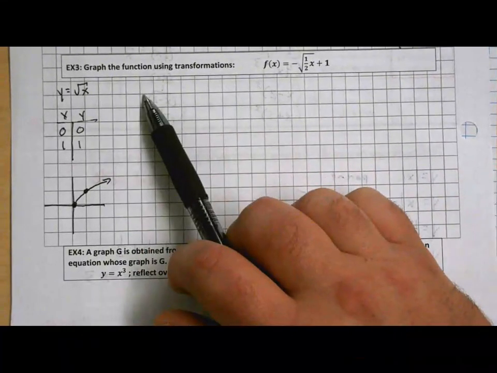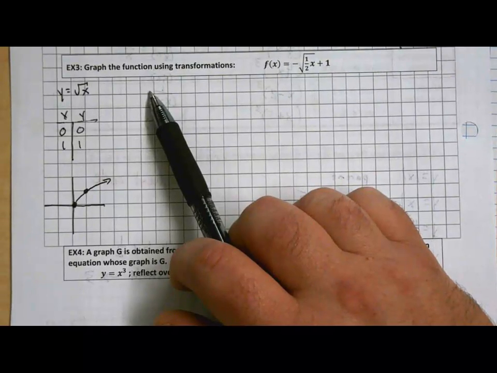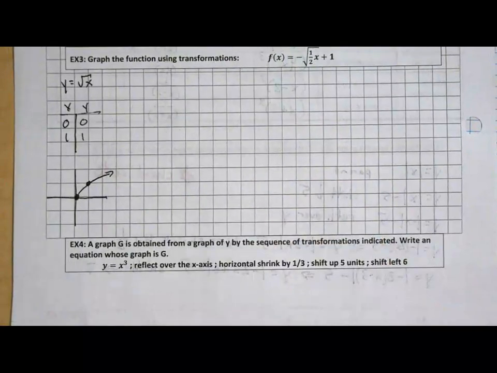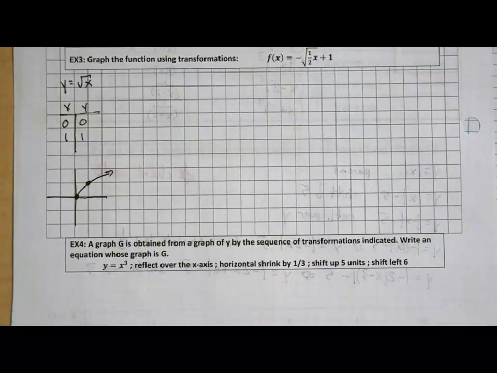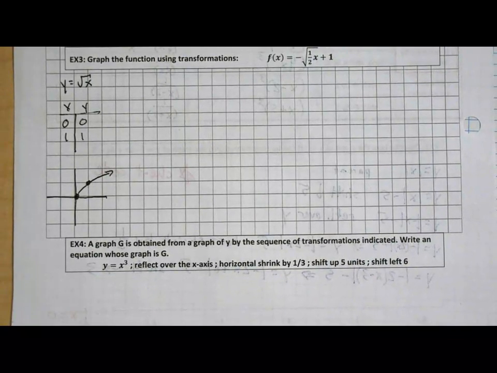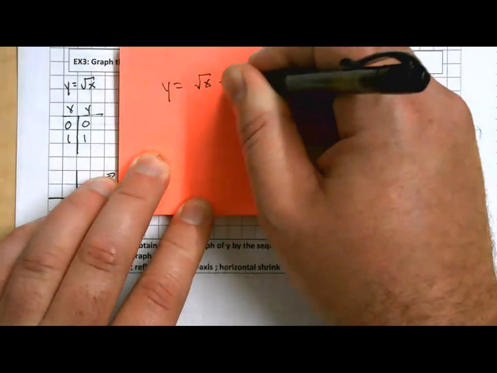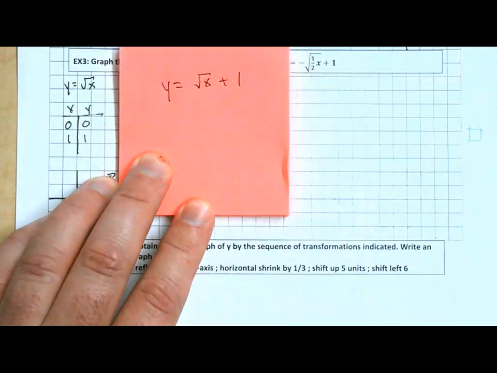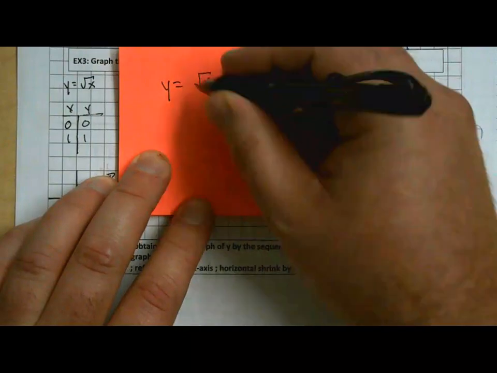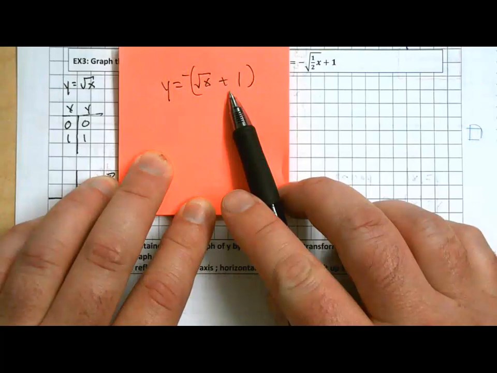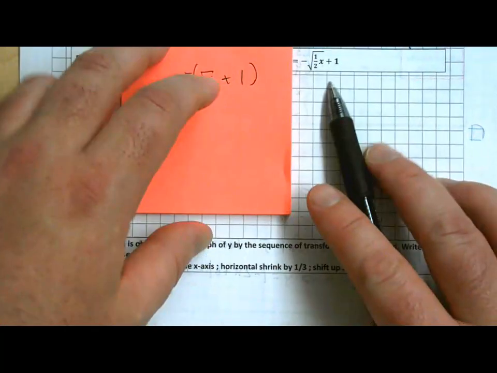If we reverse the order, though, what if I did my +1 first? So now I've got square root of x plus 1, and then I did the reflection. When we do the reflection, we'd have to multiply the entire function by -1. Is that going to screw anything up? Let me just write what it would look like. If I had done my +1 first and then multiplied by -1, I'd have to multiply the entire thing, which results in us ending up with a -1, which is not what we want.